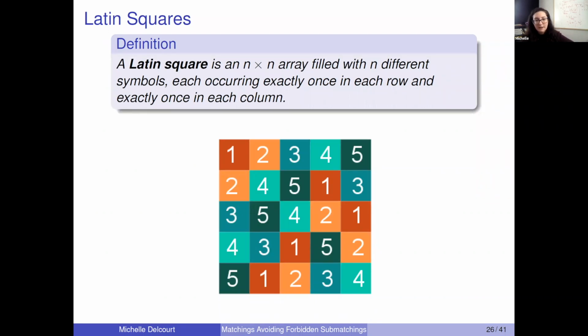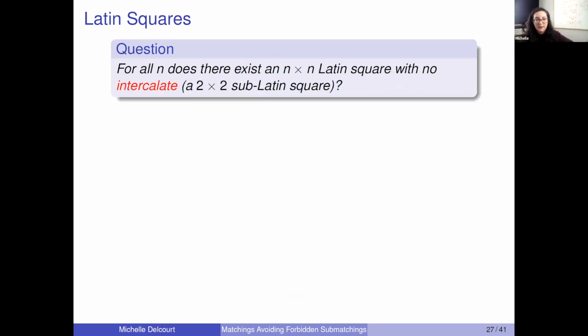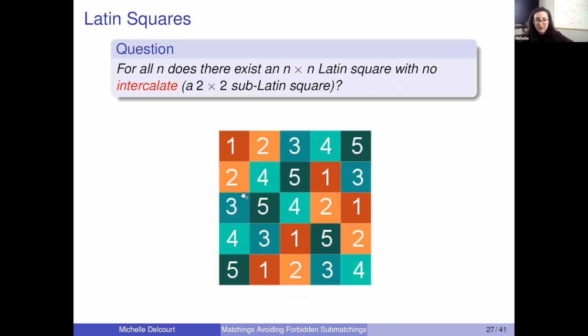And in this context, we might ask to avoid certain sub-configurations. An intercalate, for instance, is a 2 by 2 sub-Latin square. So here would be an example of an intercalate. So for instance, you could ask, can we find ones with no 2 by 2 subsquares, or 3 by 3 subsquares, or k by k subsquares?